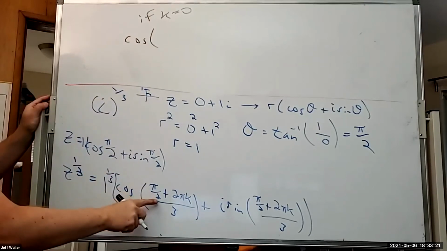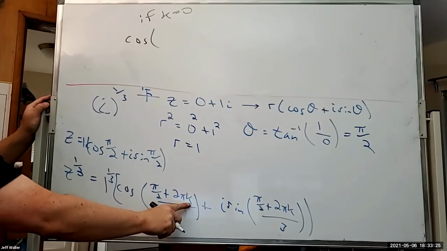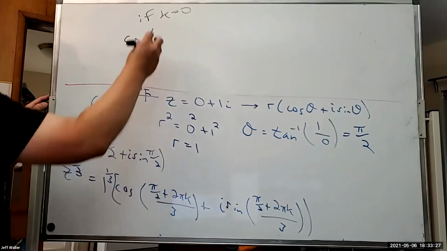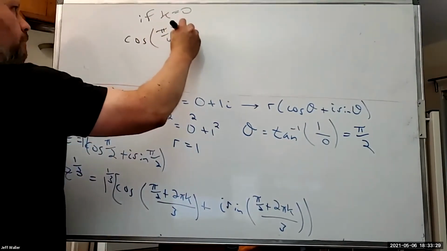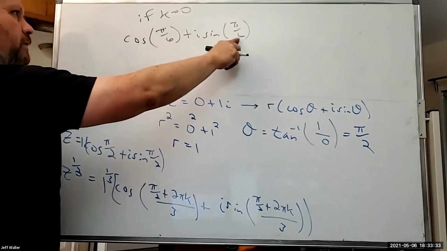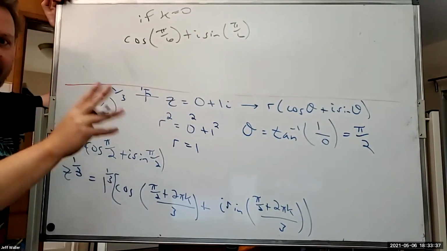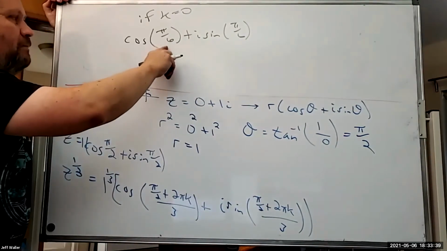Does everybody see that? If k is 0, this is pi over 6, plus i sine of pi over 6. That's the nice thing, the angles will be the same. That's beautiful. Stay with me now. What's cosine of pi over 6?